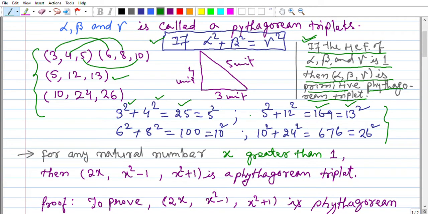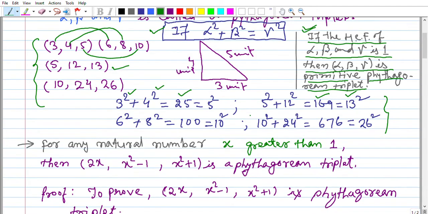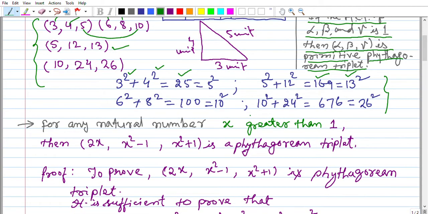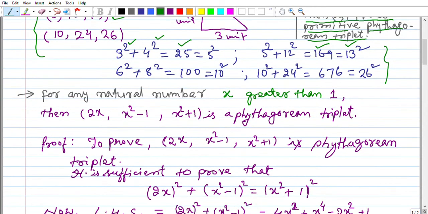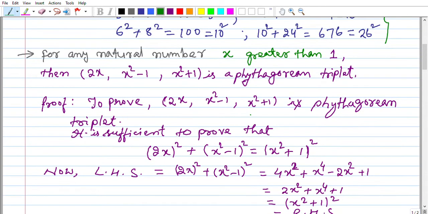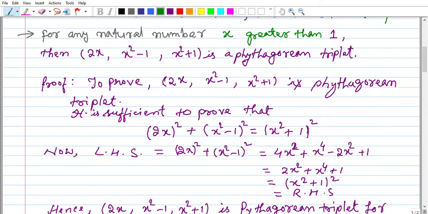Now take the second thing. Suppose for any natural number x greater than 1, then 2x, x square minus 1, x square plus 1 is a Pythagorean triplet.